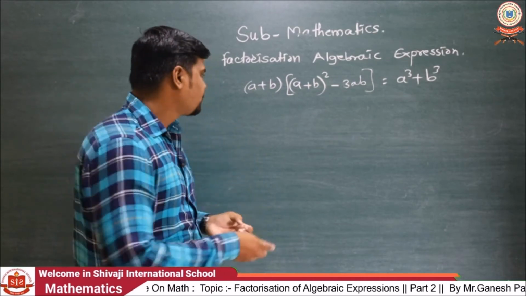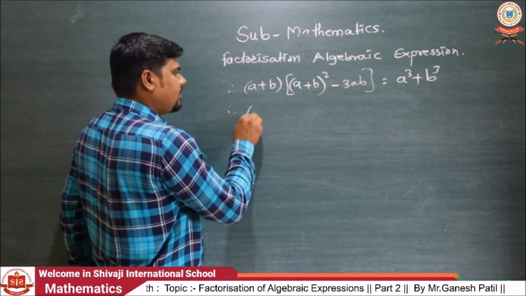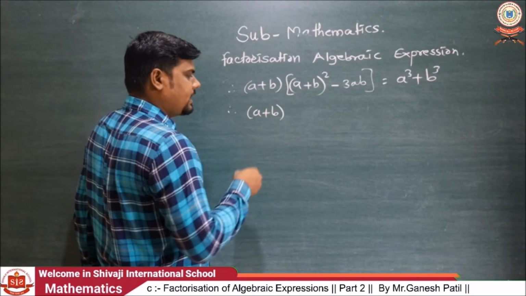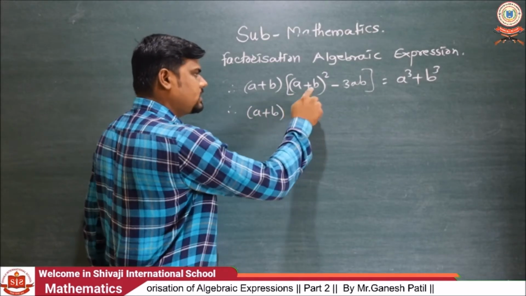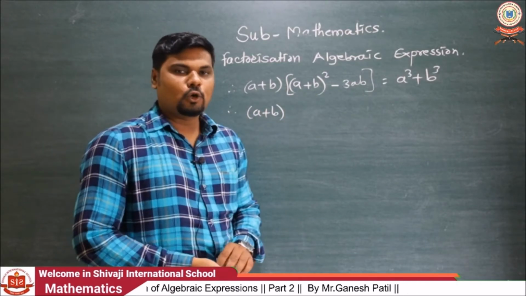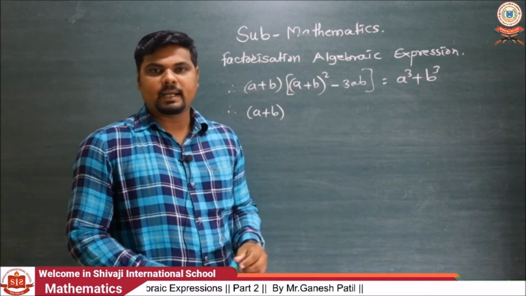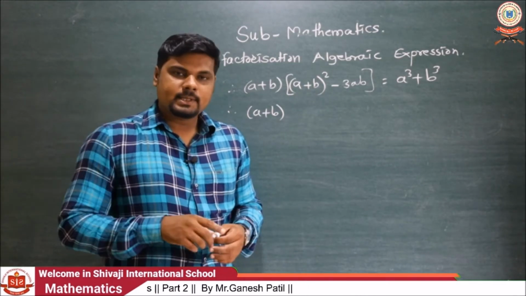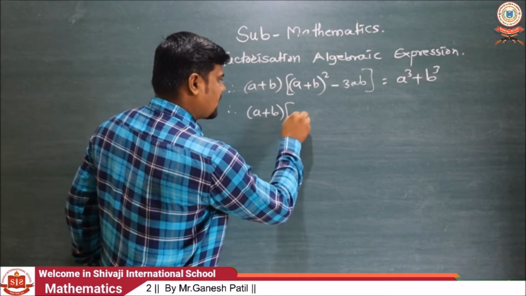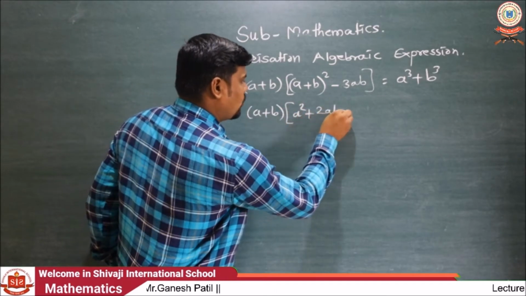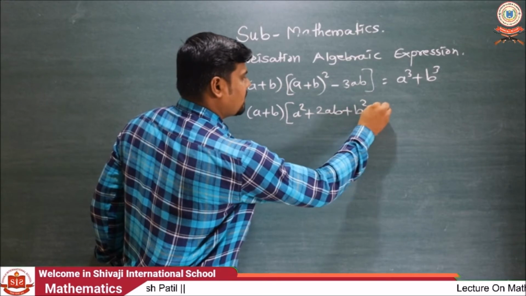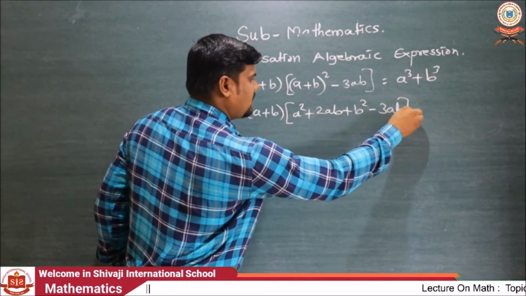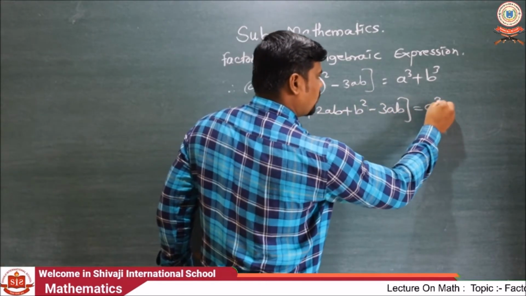The next step is therefore (a plus b), written as it is, and we know the formula very well: (a plus b) square means a square plus twice ab plus b square. So a square plus twice ab plus b square minus thrice ab is equal to a cube plus b cube.